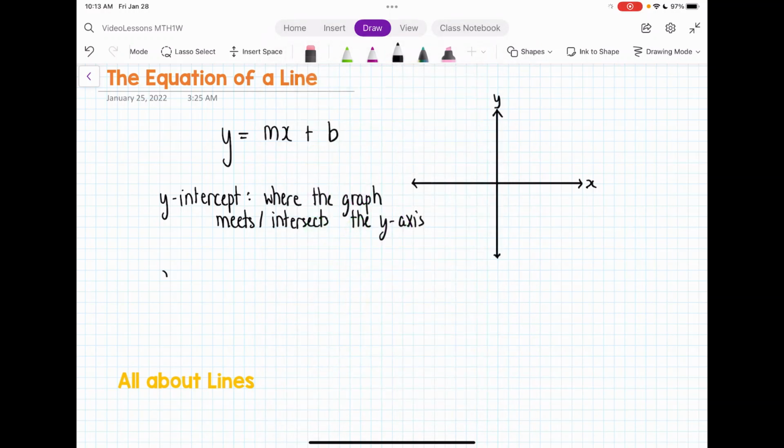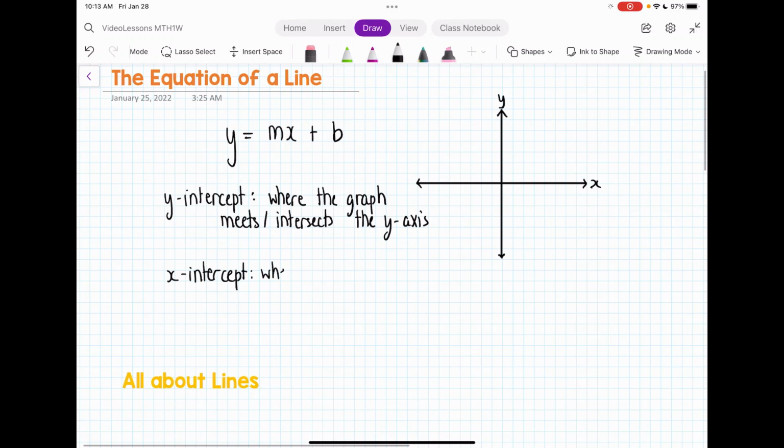So likewise, the x-intercept would be where the graph meets the x-axis. Now, remember what x and y are, right?